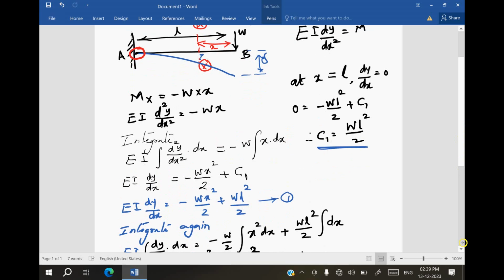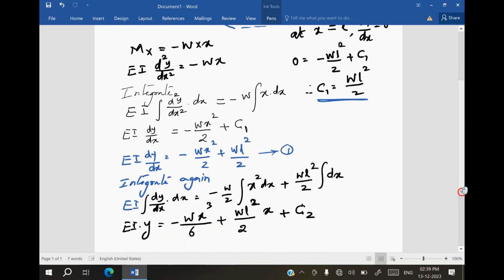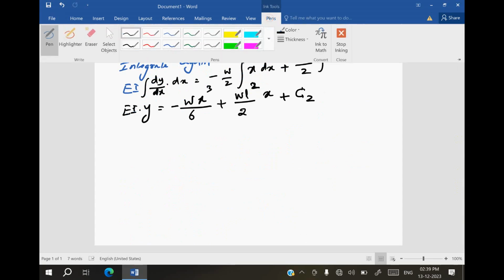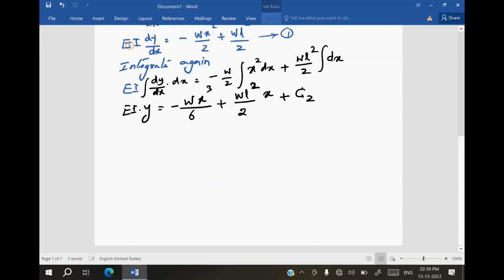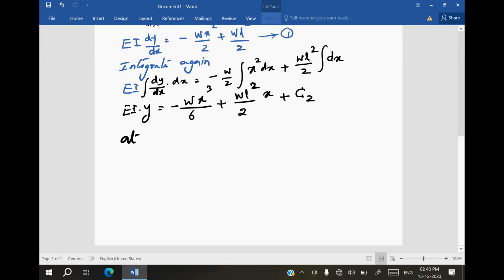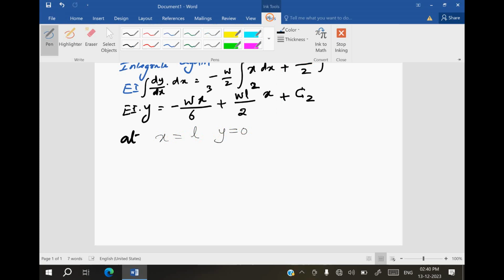Now let's just go down. Let me change the color just for the sake of clarity. At x is equal to L, y is equal to 0, is it not? At x is equal to L, y is equal to 0.